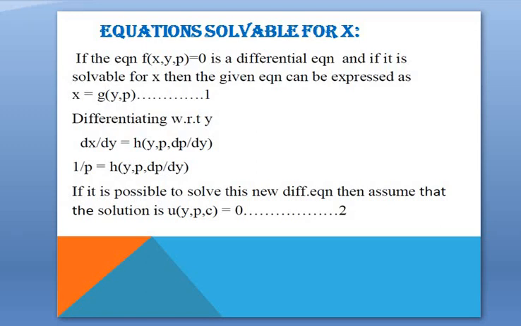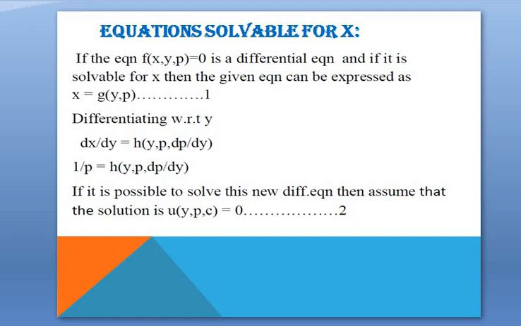Then we differentiate this with respect to y, so that we have dx/dy = h(y, p, dp/dy), that is 1/p = h(y, p, dp/dy). As we know already, dy/dx is p.